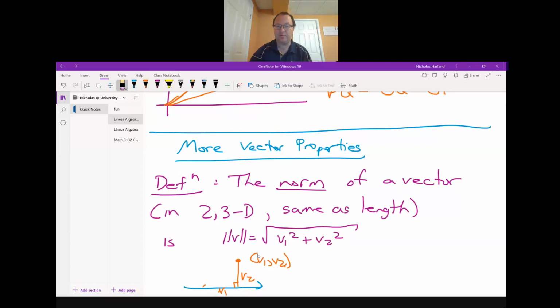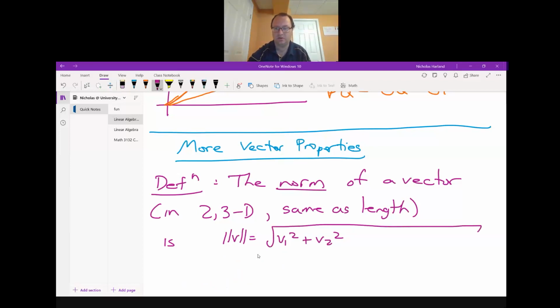So that's what it's going to be in 2 dimensions, but with the Pythagorean theorem, there's no reason to stop at 2. In general, we can go to however many components that we have. So in 2 dimensions, that would be the same as what we had written down. In 3 dimensions, it would be v1 squared plus v2 squared plus v3 squared.